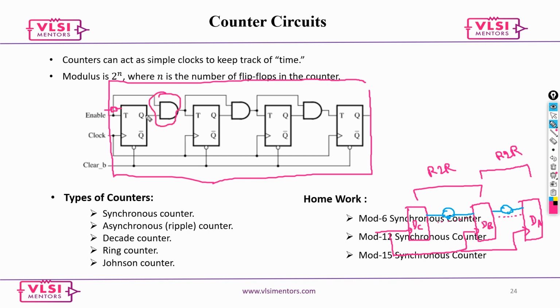Now this is another combo logic, and there is another combo logic, and this one is going out through a combo logic. So ideally, this particular thing is called input to register.